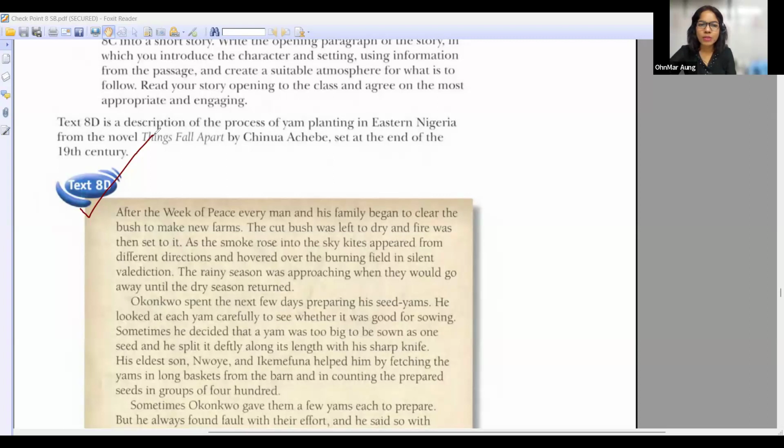The rainy season was approaching when they would go away until the dry season returned. When the rainy season was near, they would go away. Right? That way.